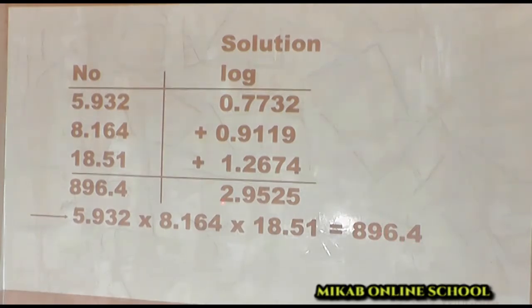And remember, we said in our previous classes that the characteristic is just giving us the positioning of our decimal point when we find the anti-logarithm. So when we add 1 to this 2, it's going to give 3. That means after 3 digits, we'll have our decimal point. So the anti-logarithm will be 896.4.